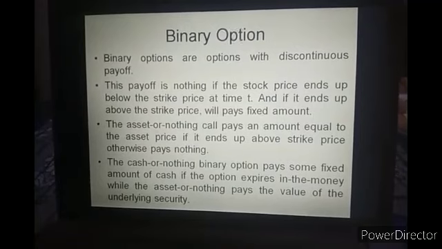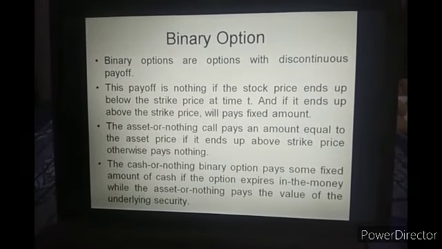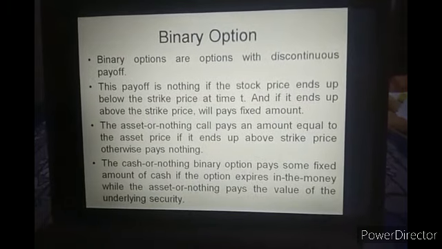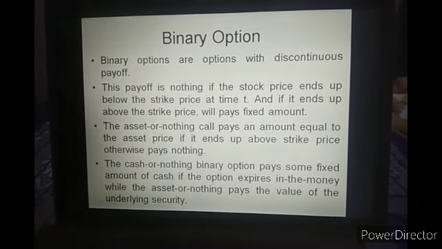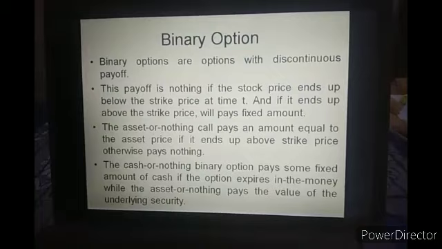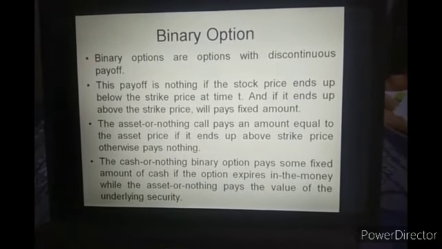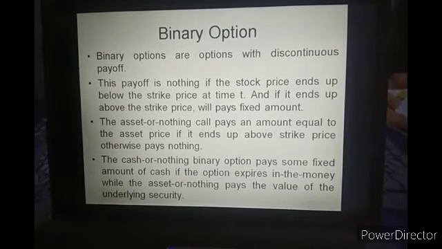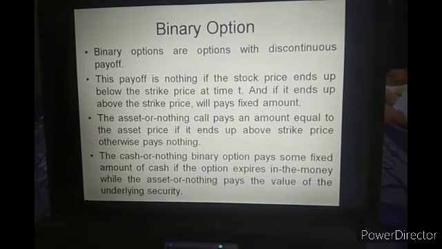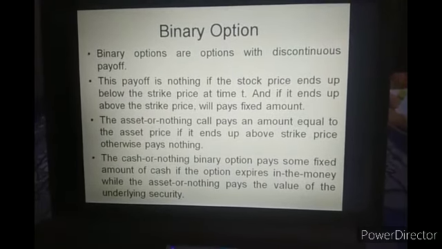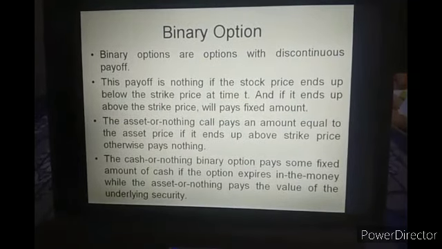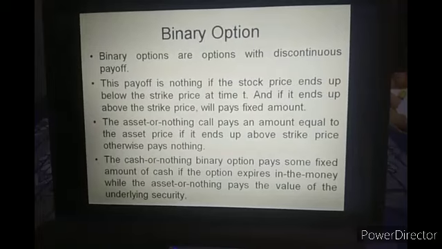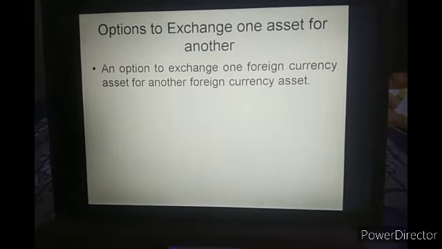Suppose you purchase a strike price call of 1200 and the stock closes at 1300, but you will not get a profit of 100. You will get only the profit which is decided. So in this case, if you are in profit, then you will get some fixed amount. If it is below the strike price, you will get nothing. So this is known as a binary option. Means here either you will get a fixed amount or you will not get anything. So that is why it is known as a binary option.